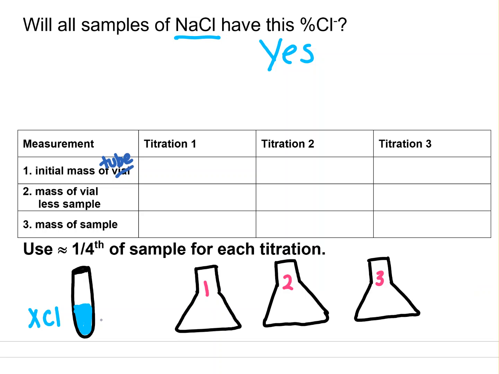So what you do is you get the initial mass of the container. So that's what it is with all of it in there. And then you sprinkle some carefully, not too much. You try to go for about 1/4 in your first flask. And then you weigh your container again.